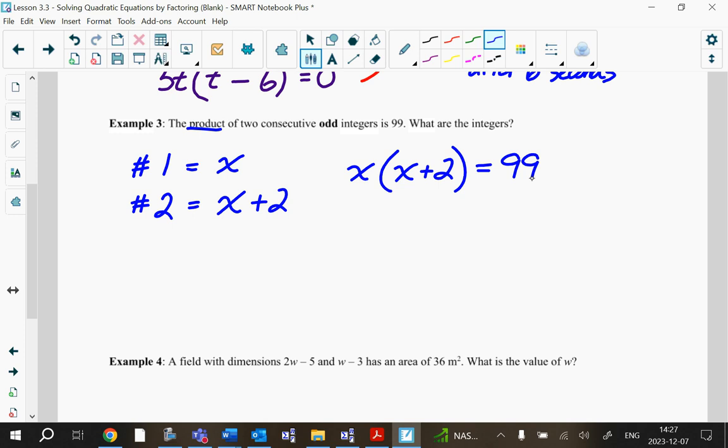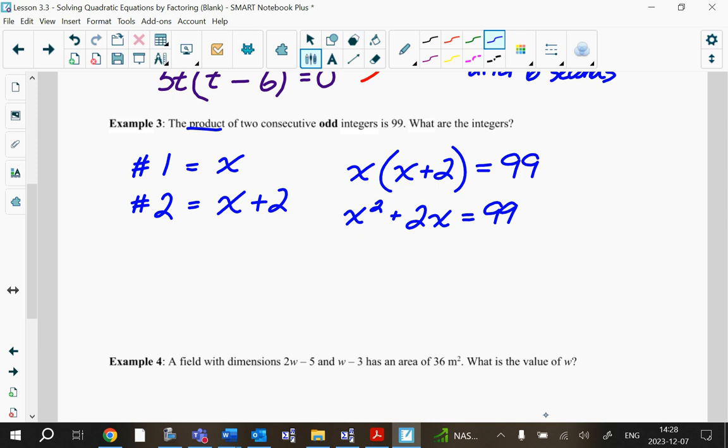I have to solve that. So the first thing I have to do is get rid of the parentheses by multiplying through, taking the x and multiplying it by x and by 2. And I get x squared plus 2x. We've got a quadratic equation that we got to factor. What do I have to do next before I can factor? Can I factor it like this, or what do I have to do?